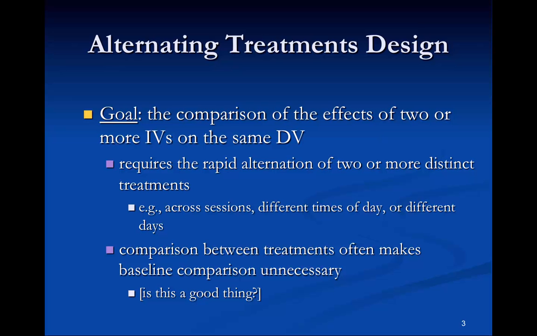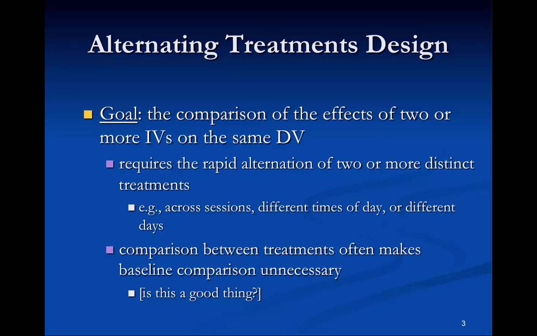So let's think about the Iwata functional analysis, where there were those four conventional conditions. Attention, where the individual got attention for engaging in self-injury. Escape, where they were allowed to escape contingent on self-injury. The alone condition, where there wasn't a lot of external stimulation, and then a control condition.